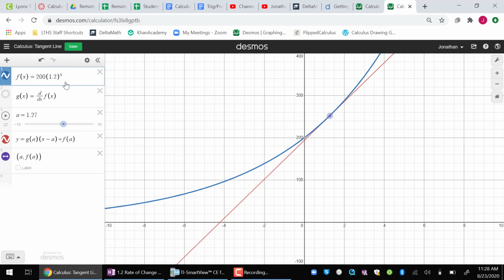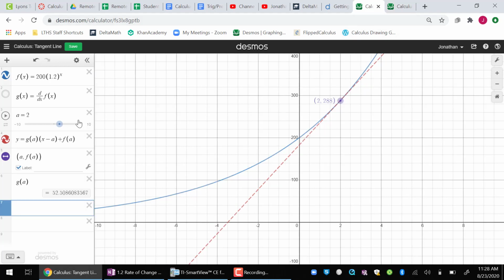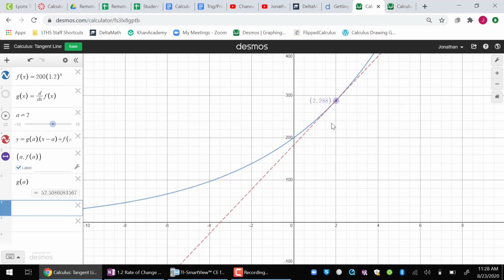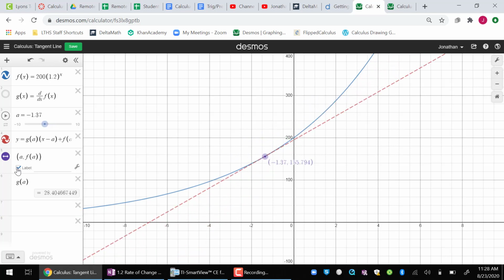So that's how you can type in your function and analyze what's going on with this situation. Now, what I would propose is you can actually click this point and move it around. I turned my tangent line into a dashed line just to make it easier to see. But if I go here on the far left, I can even click this play button and watch the animation of that tangent line going up the function.